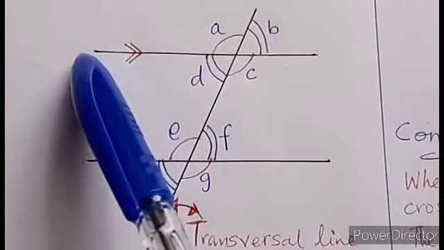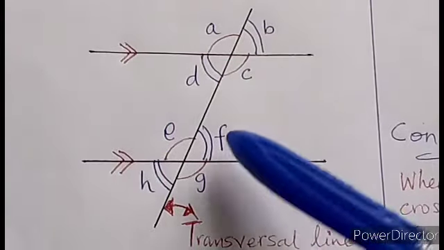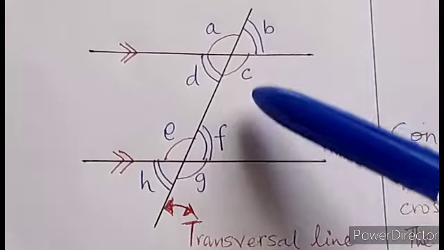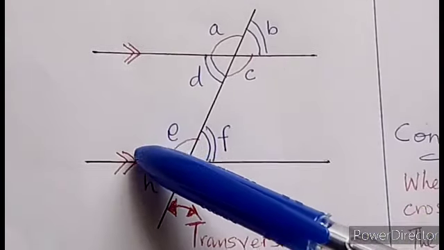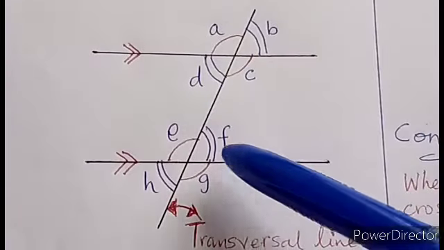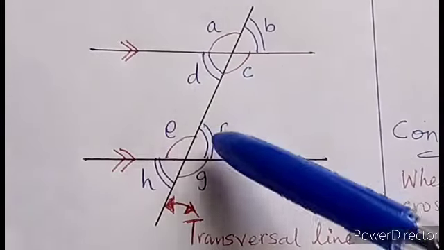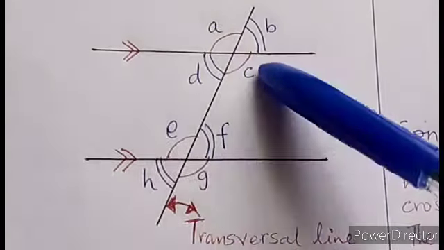But you will discover that these are my parallel lines and these ones are inside the parallel lines. So these are alternate interior angles because they are inside the parallel lines. See how they cross.